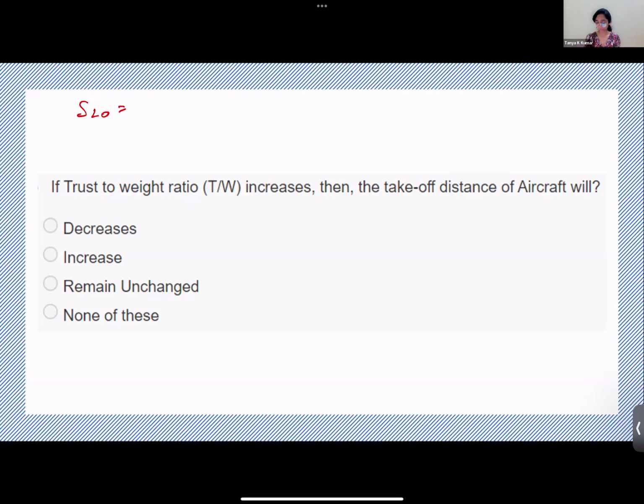Okay, and we'll just go over briefly how Sir had derived it in the lectures. So you just take the free body diagram of the aircraft and you have lift, you have weight acting downwards, you have thrust, you have drag, and then you have the frictional force. So that is mu r into R. And then you take summation of forces. In the vertical direction, it is lift. Oh, there's also a reaction force here.